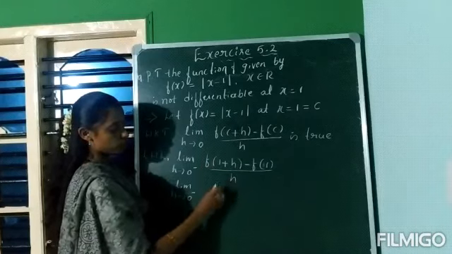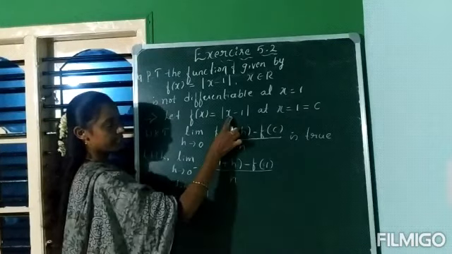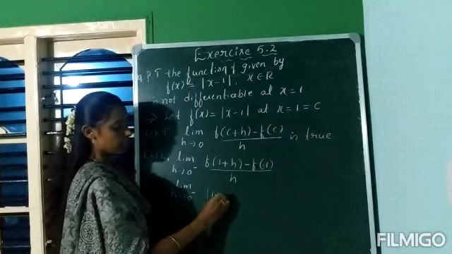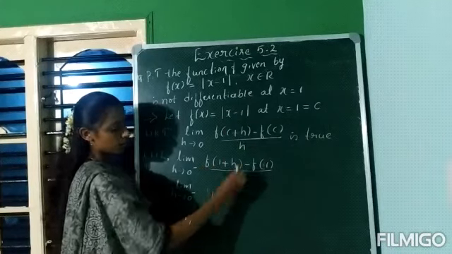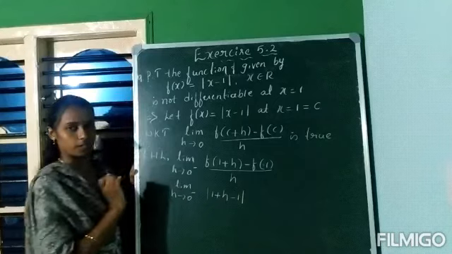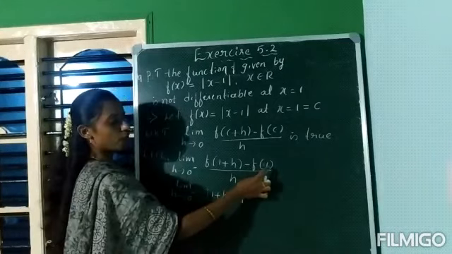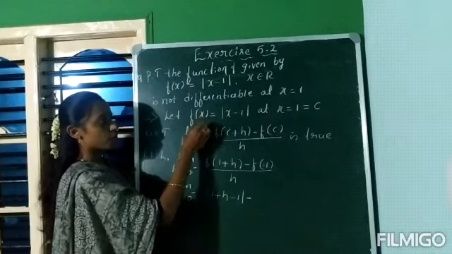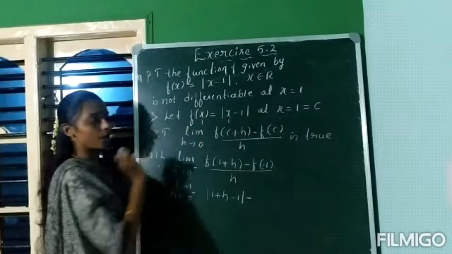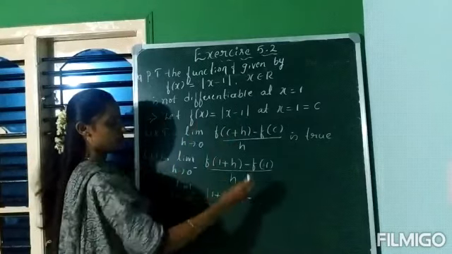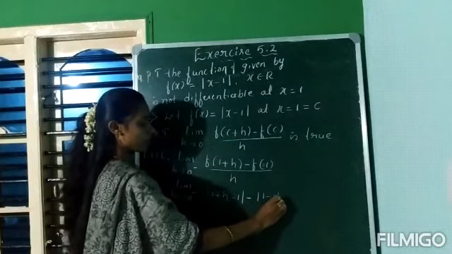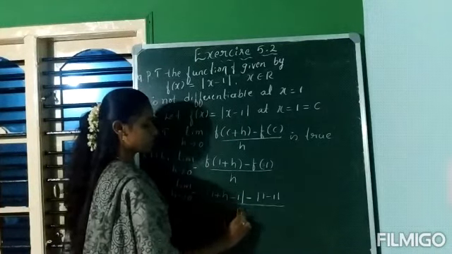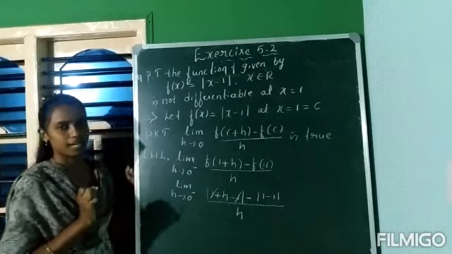Clear? The function is a modulus, so in the place of x you just write 1 plus h, along with minus 1, minus f of 1. f of 1 is modulus 1 minus 1, which is modulus 0, divided by h. Here plus 1 minus 1 get cancelled.